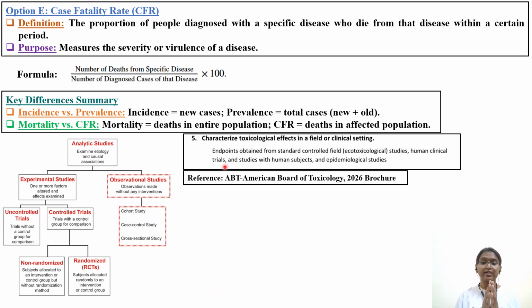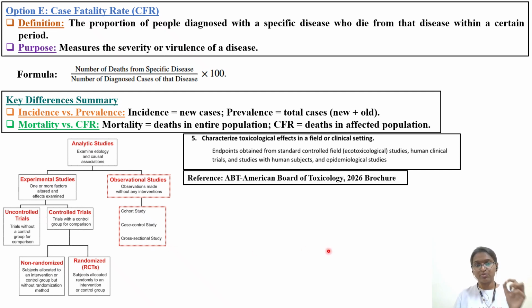In the clinical trials also, you will decide what type of clinical trial you are doing. There only you will decide case control, cross-sectional, blinded study, like that, with human subjects and epidemiological studies. In epidemiological studies we are discussing cohort studies, case control studies, cross-sectional studies.